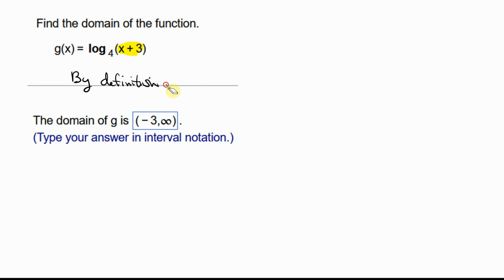By definition, x plus 3 must be greater than 0. That implies that x is greater than negative 3. That is, we have from negative 3 to positive infinity for our domain.